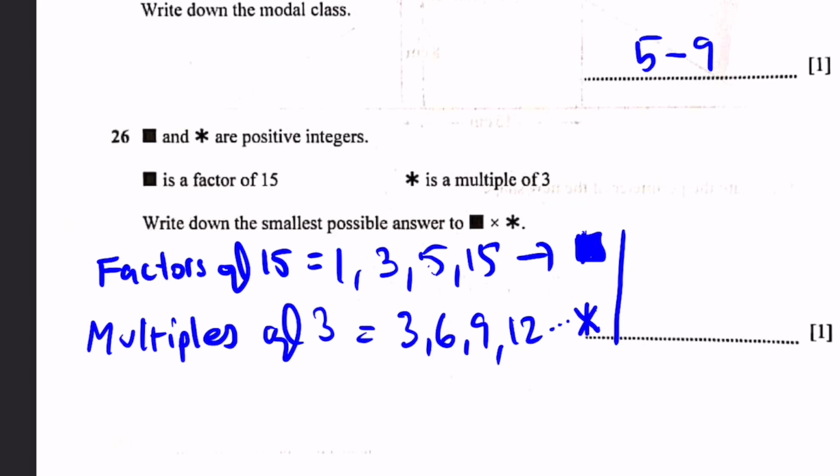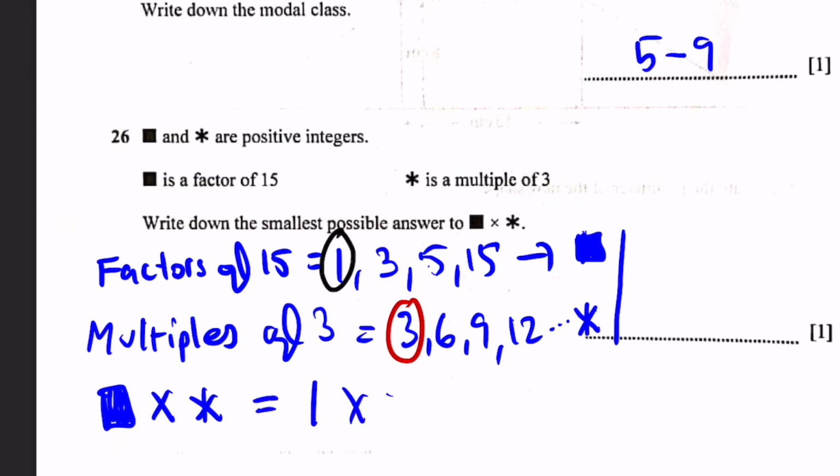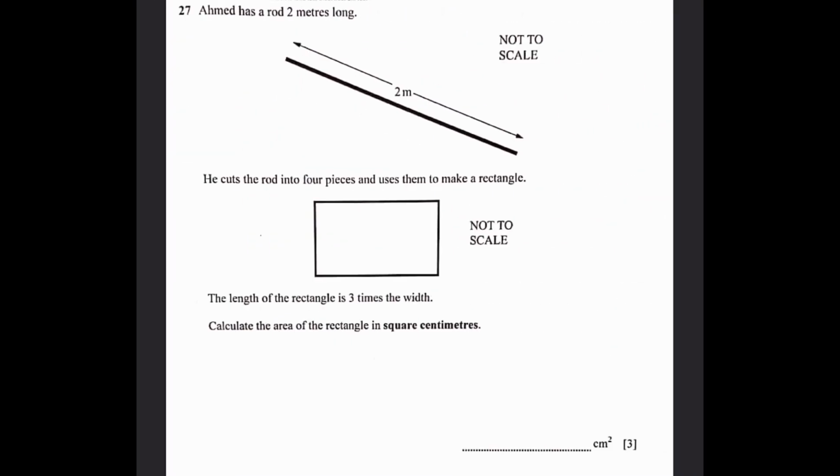From the first set, it is 1, and from the second set, it is 3. So to find square multiplied by star, that will be 1 multiplied by 3, which is 3. That's the smallest possible value, 3. Let's move to the 27th question.